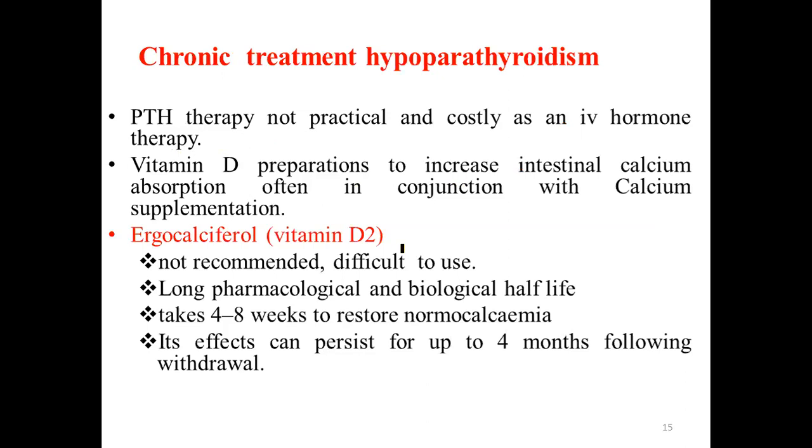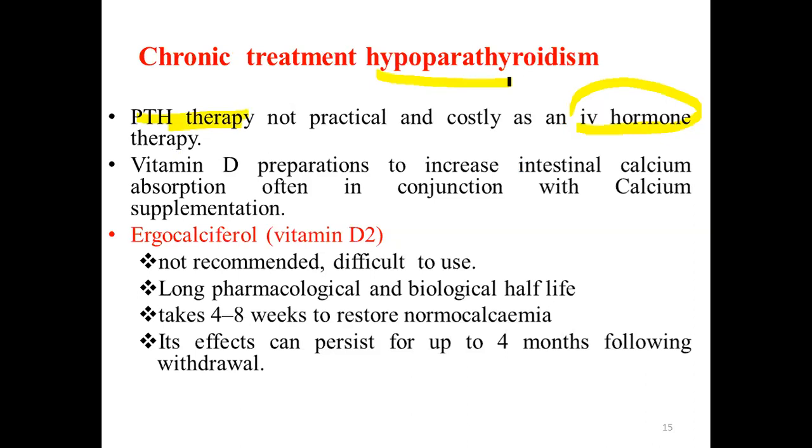Remember, there is a scenario where we can consider intravenous parathyroid hormone therapy, but mostly because of cost and availability issues, PTH hormonal therapy is not a practical approach. But if it is available, it can be considered, but it is not very common when a patient is having this condition.